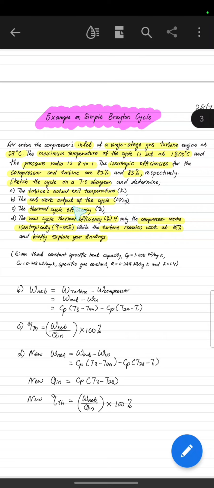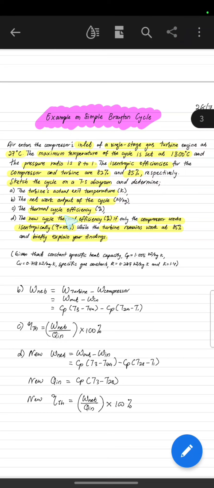And then next we are going to find the net work output of the cycle, so you need to write down first the equation for your work net, which is the work of your turbine minus the work of the compressor, or also work out minus work in. So this is the equation that we are going to use. You will see later on your TS diagram the sequence starts with the inlet to your compressor as state 1.